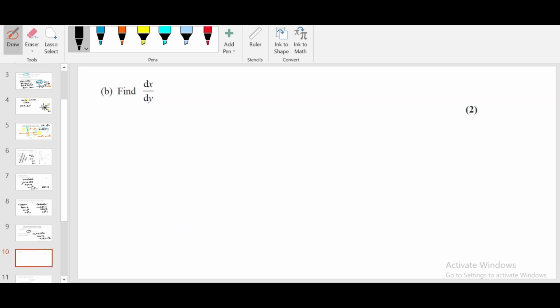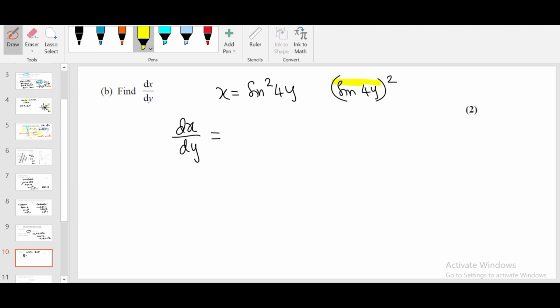Find dx by dy. We have x is equal to sine square 4y, or you can take it as sine 4y whole square. You don't need to write it, just consider it as sine 4y whole square. When you differentiate, we need to apply the chain rule by taking this as u.